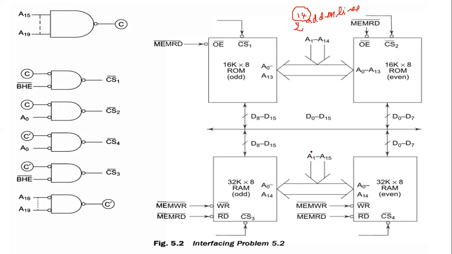Here 15 address lines are connected, because this is 32 KB, so 2 power 15 is 32,768. See how they are connected. All the remaining connections are equal, so the way they are connected is the same.